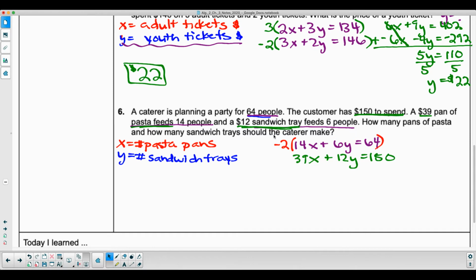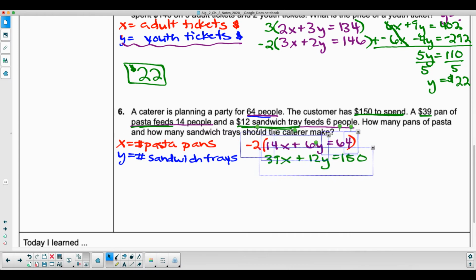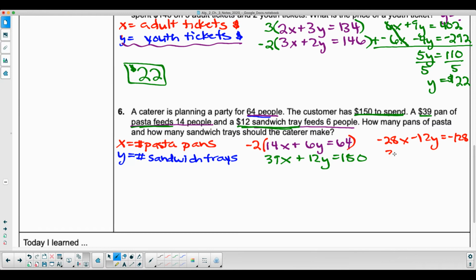So let's do that. If we do that, we get -28x minus 12y equals -128. And then down here, we can just keep this as 39x plus 12y equals 150.